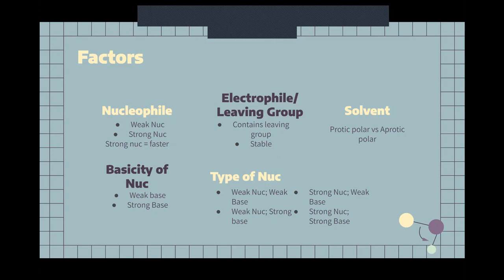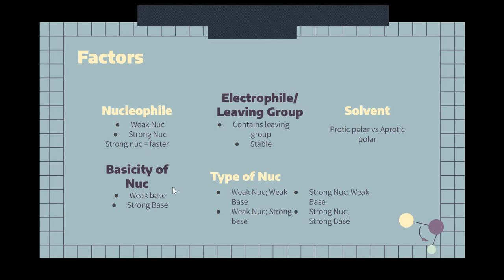But a strong base is very unstable and needs H, right? And a weak nucleophile is stable already, doesn't need an H. A weak base is like the weak nucleophile, so they're pretty much the same. While a strong base is not always a strong nucleophile, it could be a weak nucleophile. And a weak base could still be a strong nucleophile.